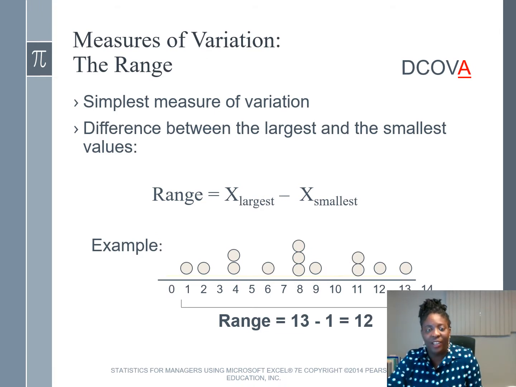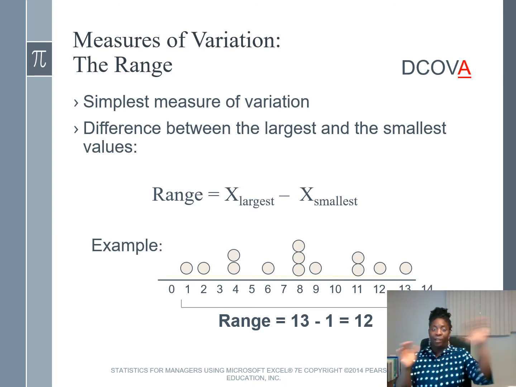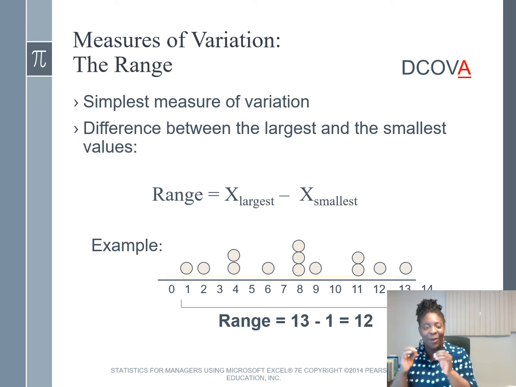The range is the largest value minus the smallest value. It doesn't care what the distribution of data is. It's just looking at the difference between the two ends. What is the largest value minus the smallest value, which means that it is impacted by outliers.